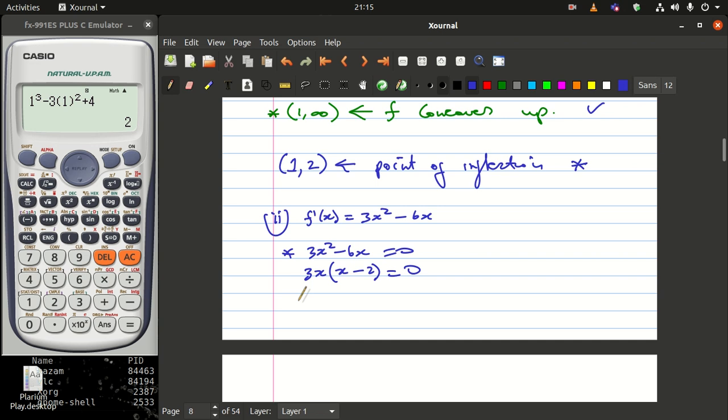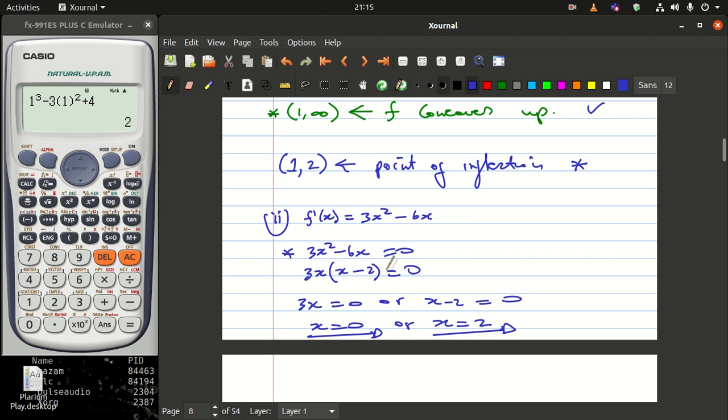For this product to be equal to 0, 3x must be equal to 0, or x minus 2 must be equal to 0, which means x must be equal to 0, or x must be equal to positive 2. We have this or that. These are the critical numbers.